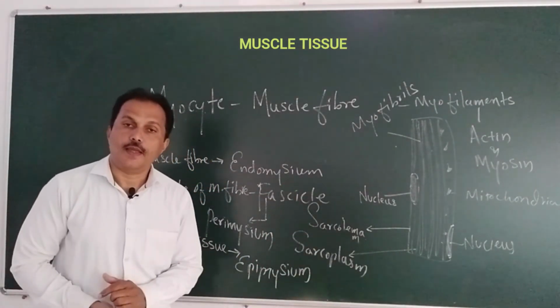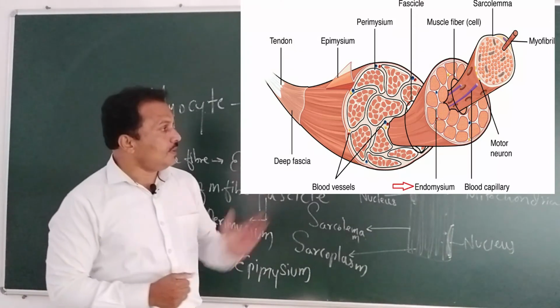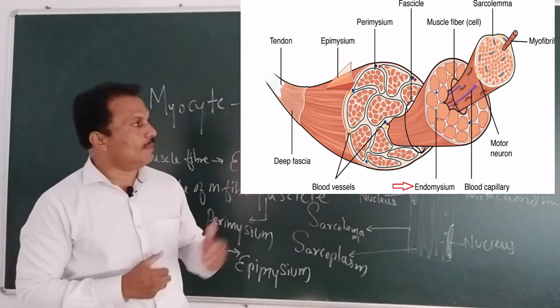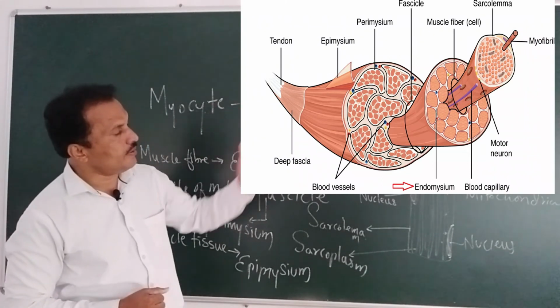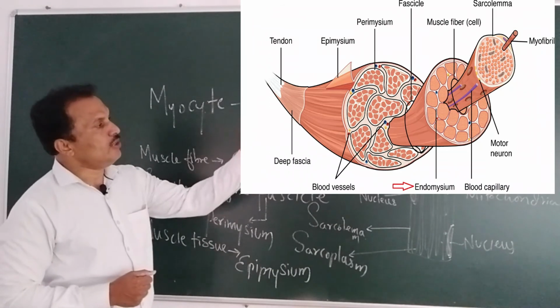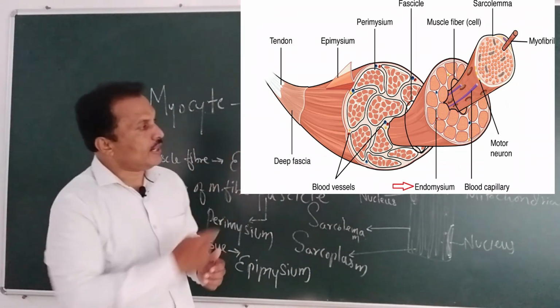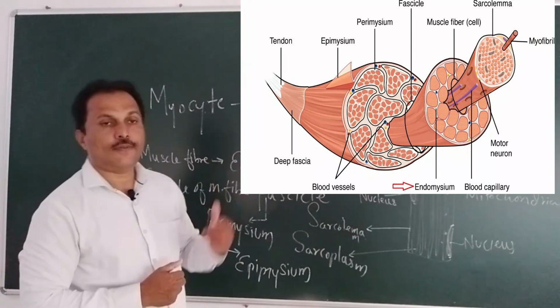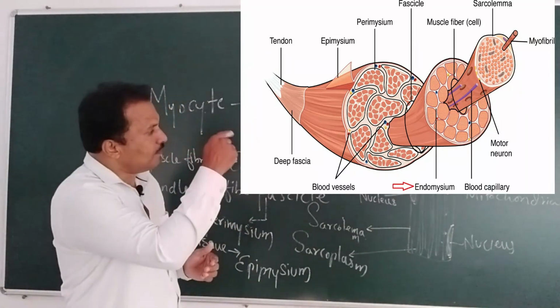You are getting it? Again I will repeat. In this diagram we see that the muscle fiber is surrounded by a connective tissue layer known as endomysium. A red arrow is shown at this point, and that muscle fiber is forming the bundles.